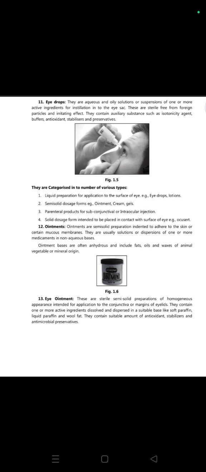They are sterile semi-solid preparations of homogeneous appearance intended for application to the conjunctiva or margins of eyelids. They contain one or more active ingredients dissolved or dispersed in a suitable base like soft paraffin, liquid paraffin, and wool fat. They contain a suitable amount of antioxidants, stabilizers, and antimicrobial preservatives.